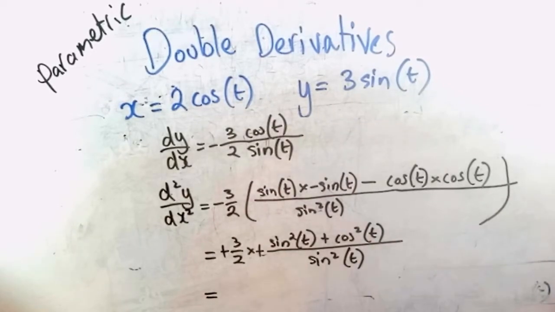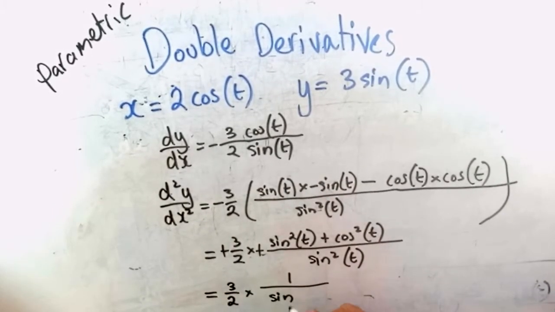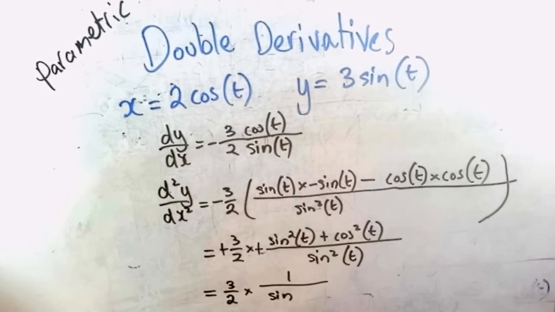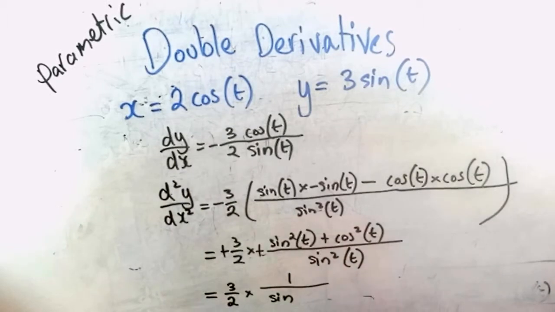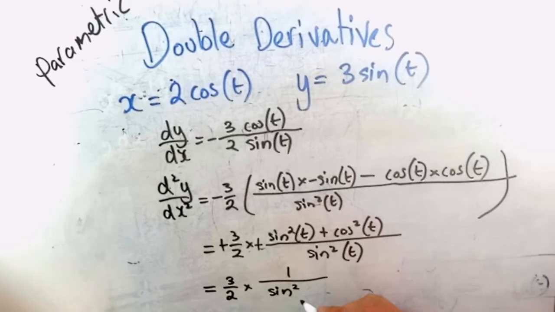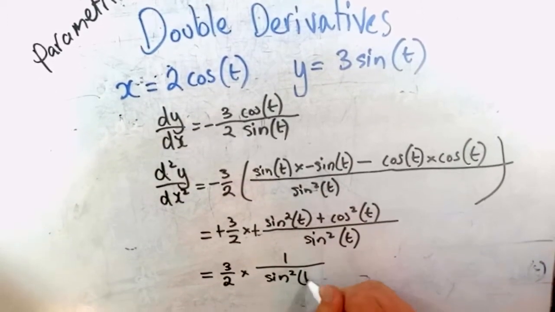Sine squared plus cos squared is 1, so I just end up with 3 halves of 1 on sine squared of t.